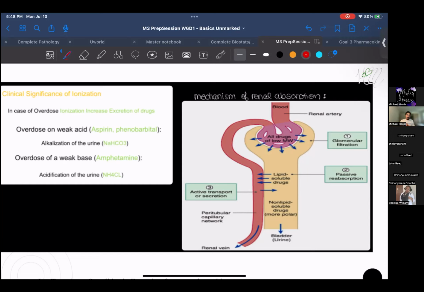How does it reabsorb the drug? Via these acid or weak base transporters. Okay? Now, the other way is via the mechanism we discussed earlier with ionized versus non-ionized.